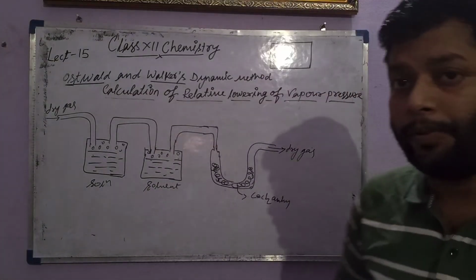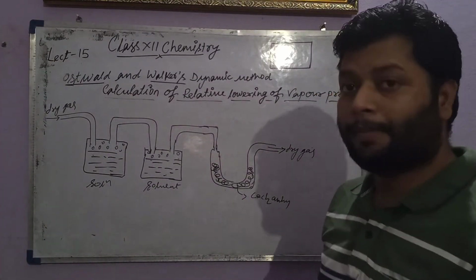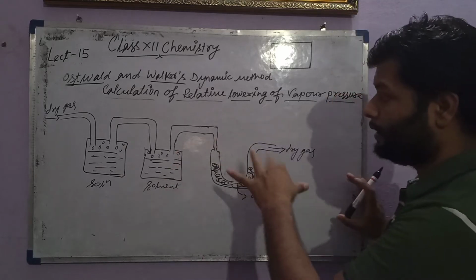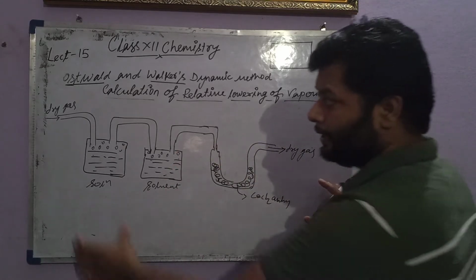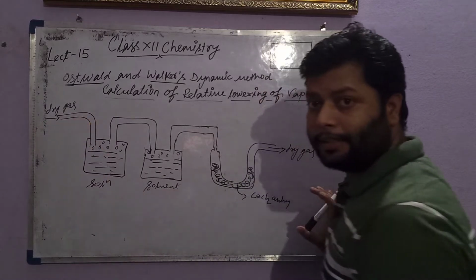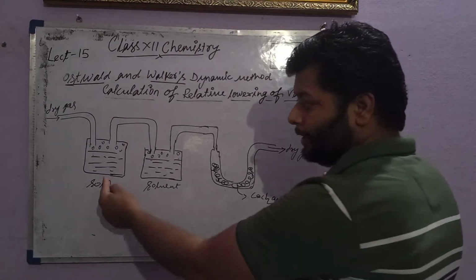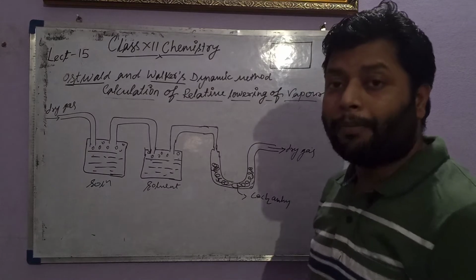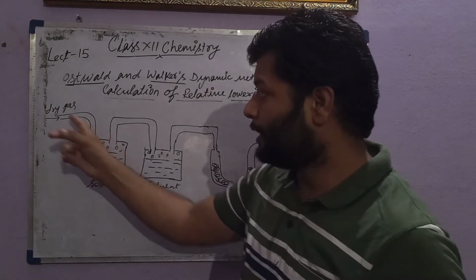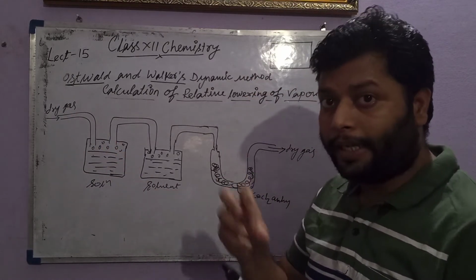Students, this is the setup of the Ostwald-Walker dynamic method. When we enter the dry gas, the solution has some vapor present over it, which is absorbed by the dry gas, and there is a mixing.